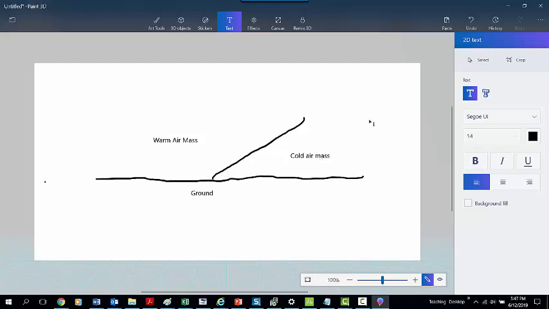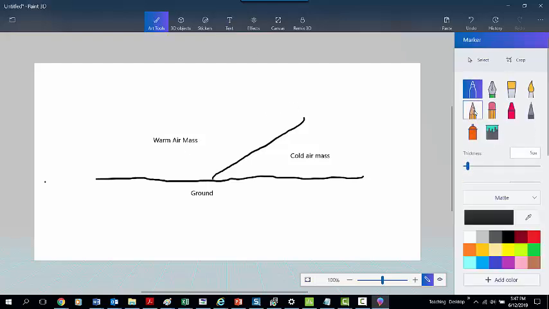What happens in a warm front is this warm air is moving forward. So the warm air mass moves in this direction and slides up over the cold air mass.